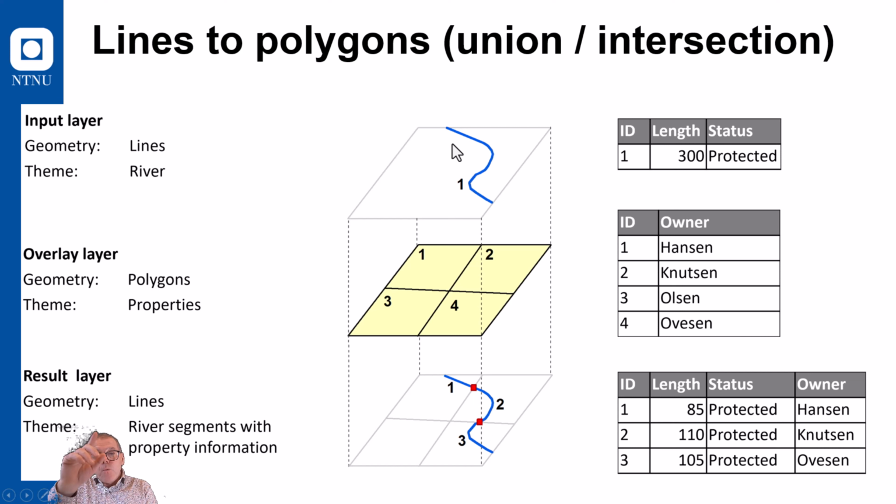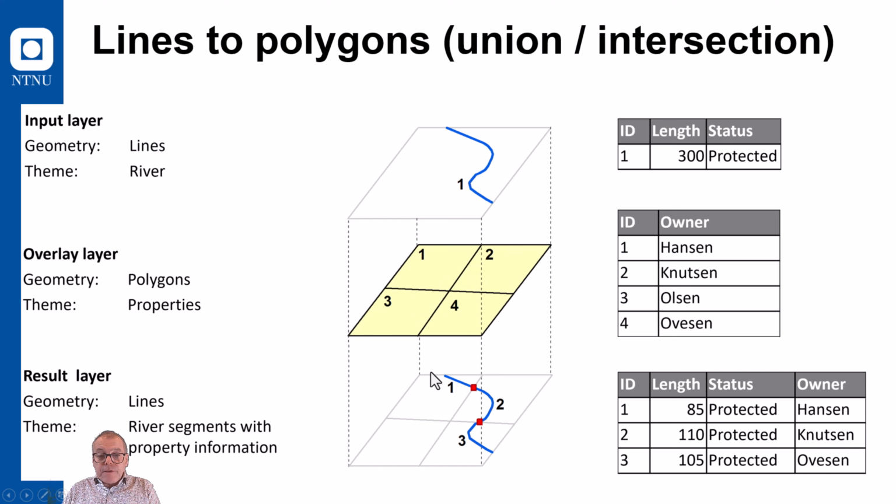So this one line is cut into 3 lines because it crosses the polygon boundaries in 2 places. The polygons here are properties. So we have properties of land owned by 4 different persons. Hansen, Knudsen, Olsen and Ovesen own each one of these polygon areas.